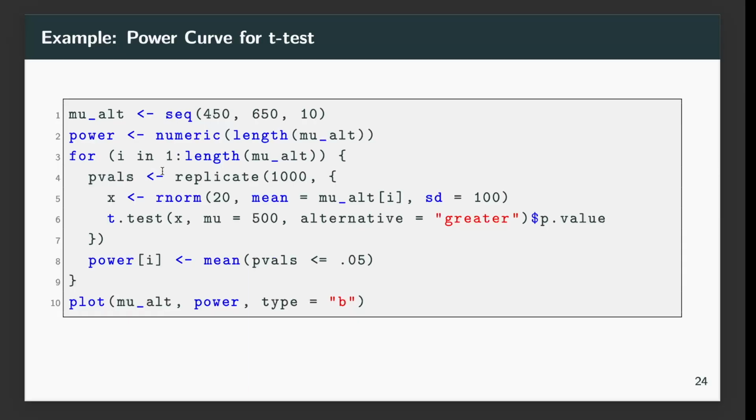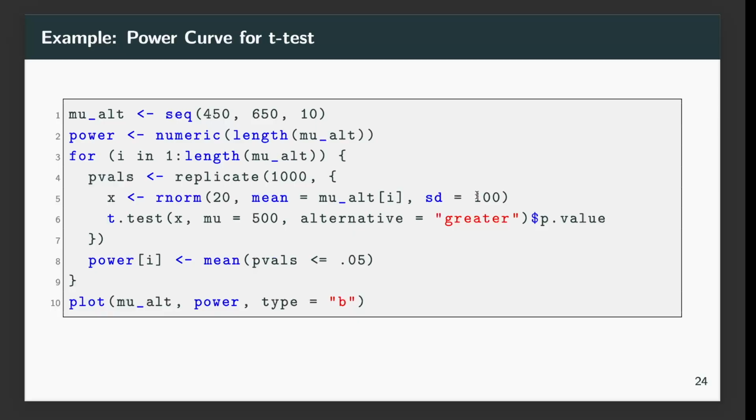Inside the loop, for each value we use replicate with 1000 runs to estimate the power, and for each run we generate a sample of 20 from the normal distribution with mu given by the loop value, starting at 450 and ending at 650, and the standard deviation is 100.